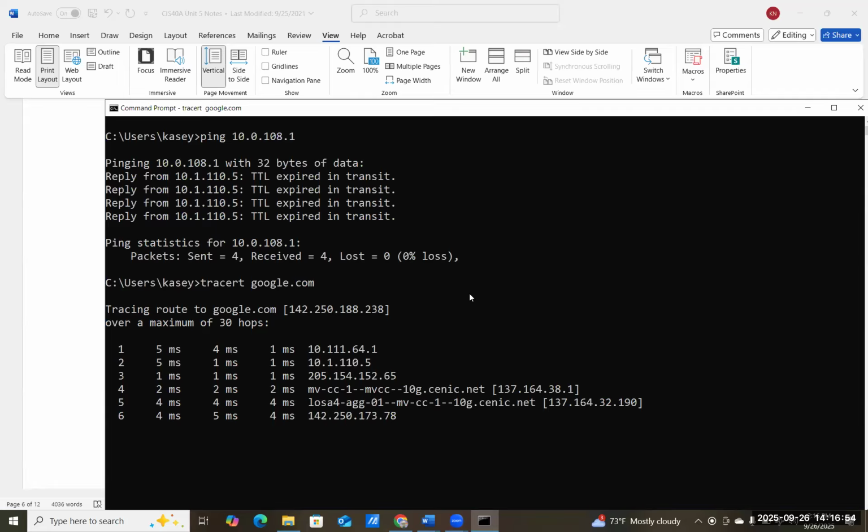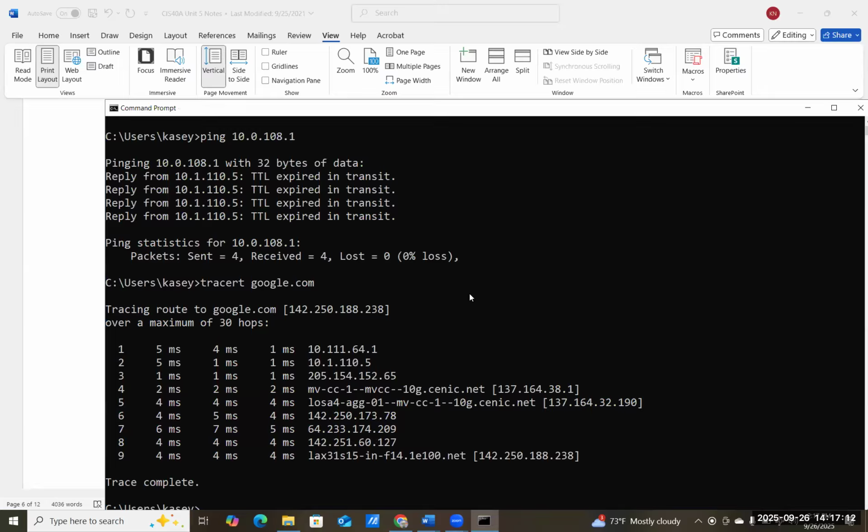Then it's going to get to the district system that's going to forward that. Then here is where you start to see that it's going to get to this particular system, and now this is the service provider. So when you see cynic.net, that's going to be the service provider, right?